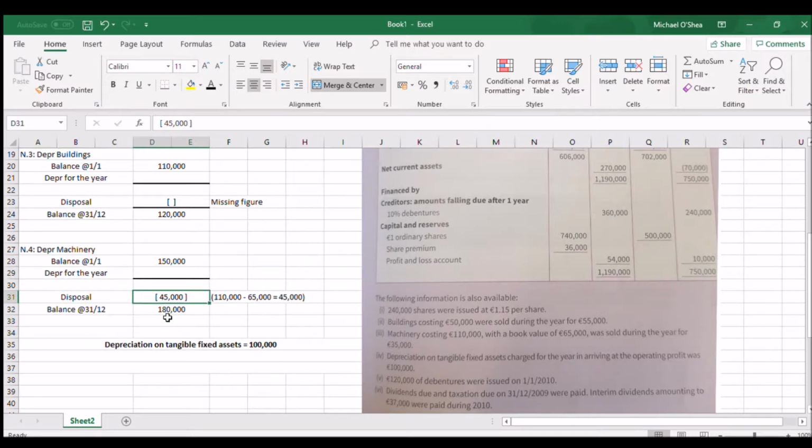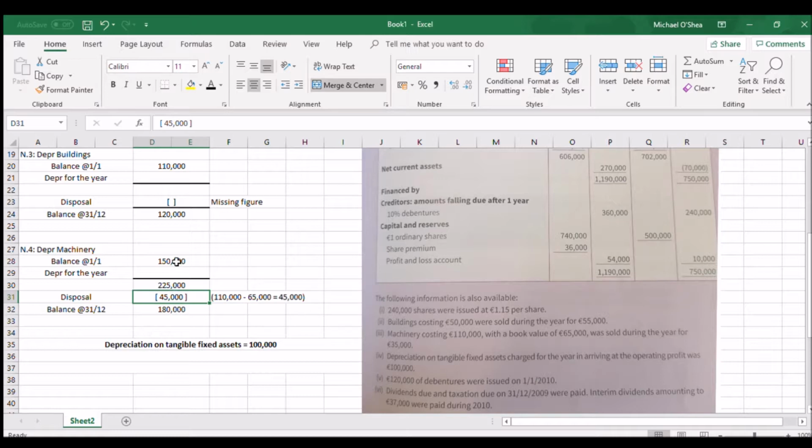Now I found disposal, so I can work my way back. I can work this back here to be 135,000, because I know that's 45 plus 225,000. So 225 minus 45 is 180.